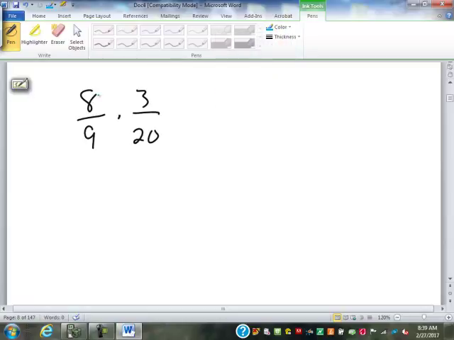Now we're going to do this by hand. What can we reduce here? Before we multiply, what can we cross cancel? 9 and 3 can both be divided by what? 3. So 3 divided by 3 is 1. 9 divided by 3 is 3. Good. 8 and 20, can that be reduced? By 4. Good. So 8 divided by 4 is 2, and 20 divided by 4 is 5.